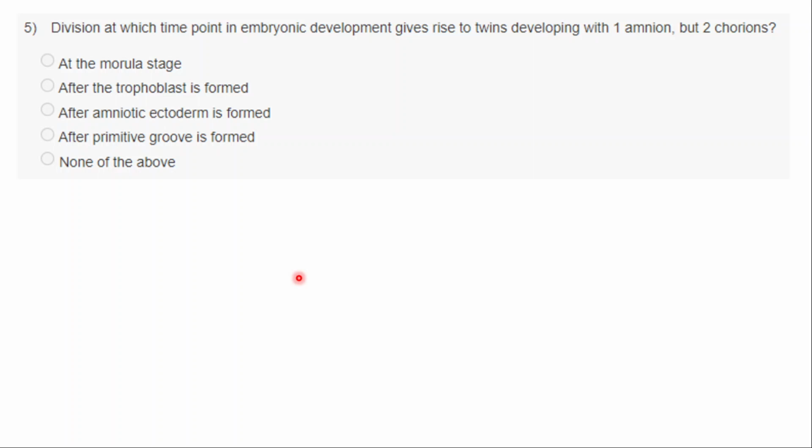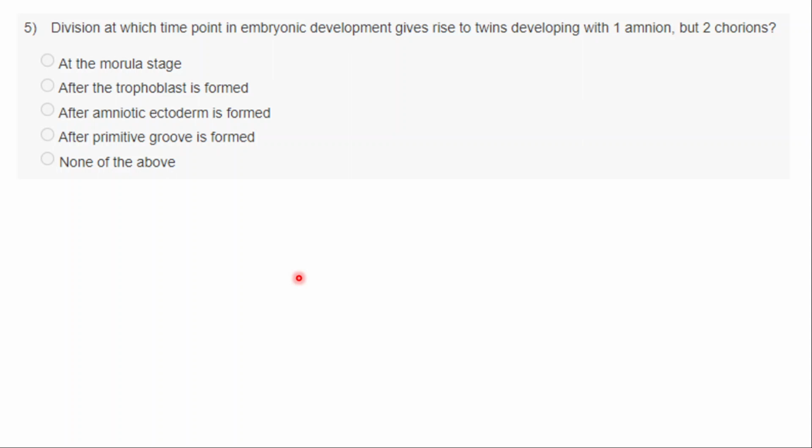Let's take some time to answer this question, and I'll reveal the correct answer. If you remember, Professor Subramaniam in his lectures, week 11 at NPTEL, has discussed a similar kind of case for identical twins, monozygotic identical twins, and double fertilization fraternal twins.